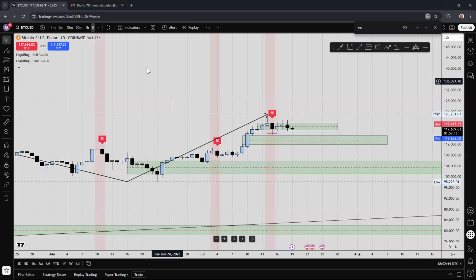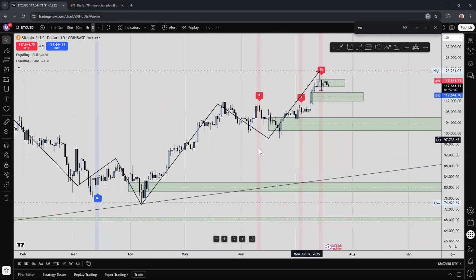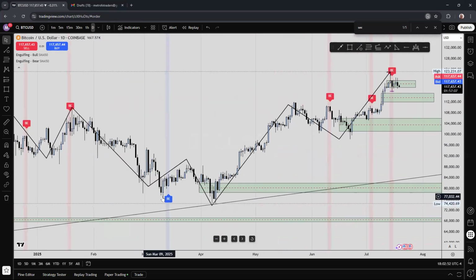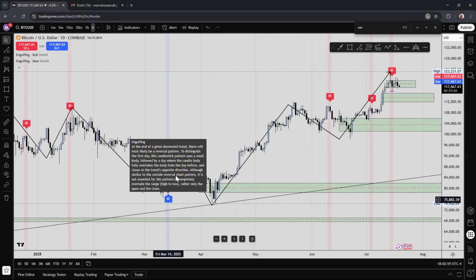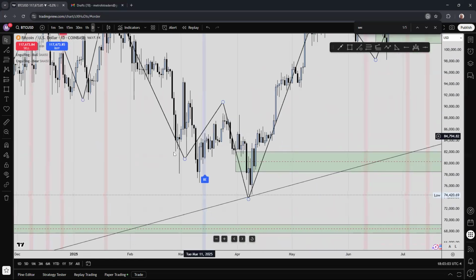So since the market is trending higher, what we want to look for are bullish engulfing candles, like right here, and then right here. So when you see a bullish engulfing candle, it's a good opportunity to let you know that, hey, the market's trending higher. So here it printed a bullish engulfing candle. And as you can see, it continued to go higher right here.